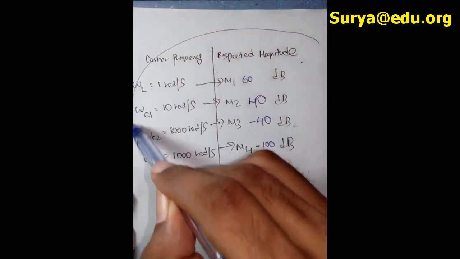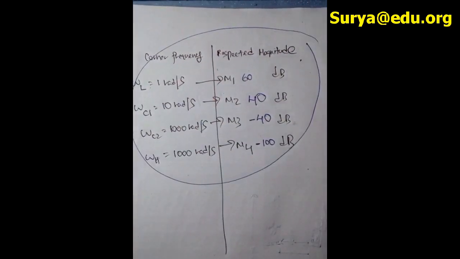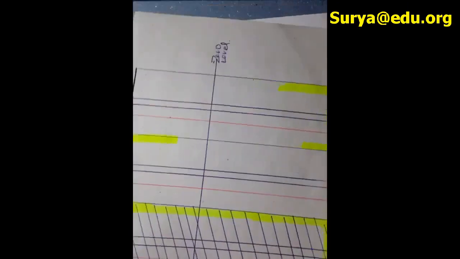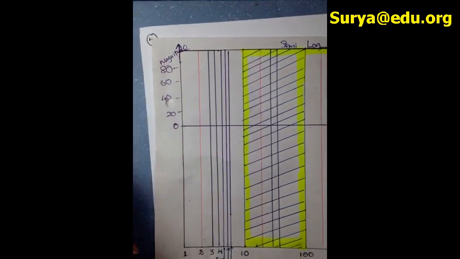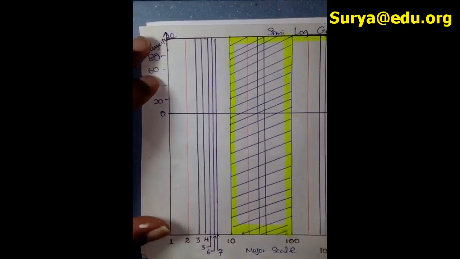Now this is very important in order to sketch the magnitude plot. The next part is very interesting. Now we have to sketch it. I don't think this orientation will be clear, but okay.